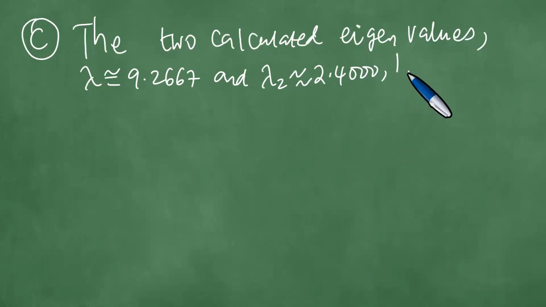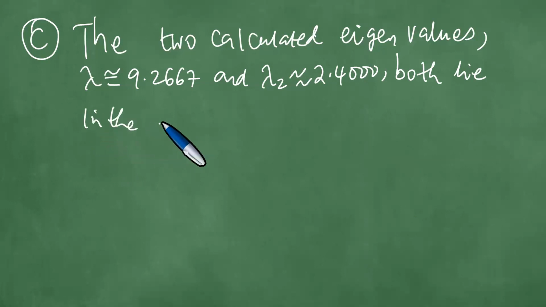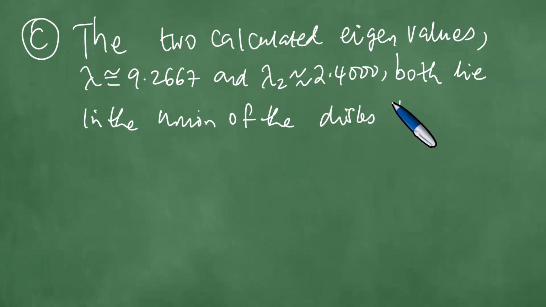We note that both lie in the union of the disks, the couple of disks here, D2 and D3.